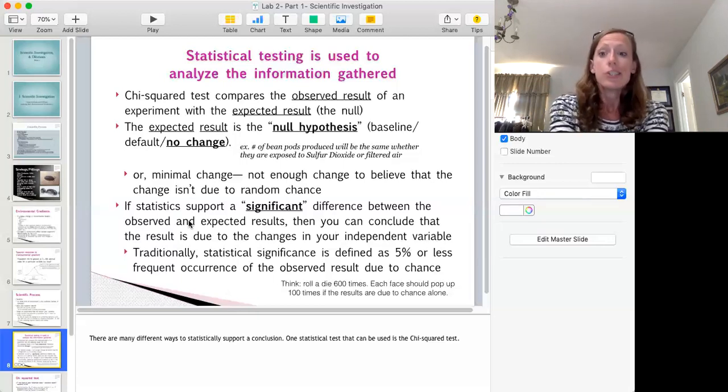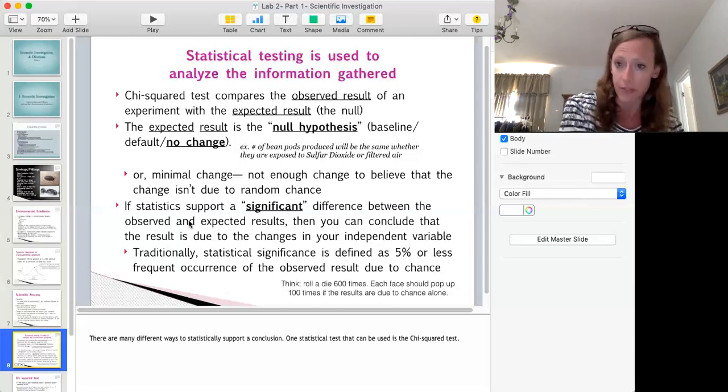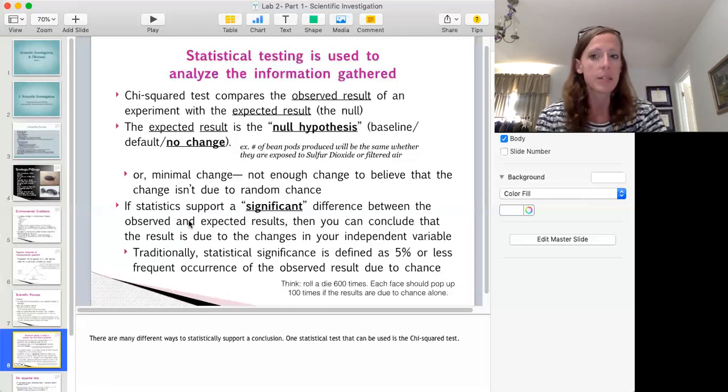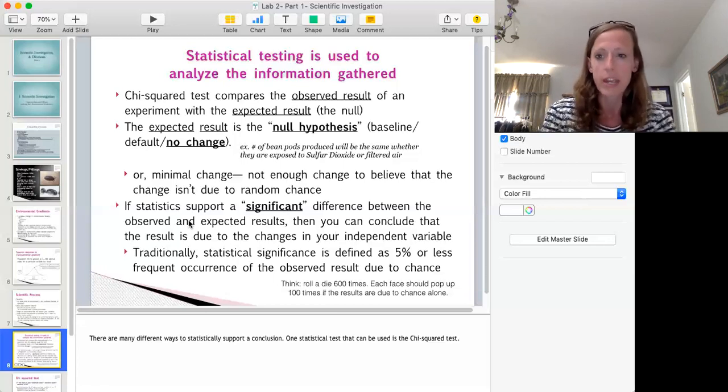All right, so then that brings us to the word significant difference. In scientific writing and in meetings or poster presentations, if you say there's a significant difference between your results, that means it has been supported by a statistical test. You can't just throw around the word significant like we do in everyday language.